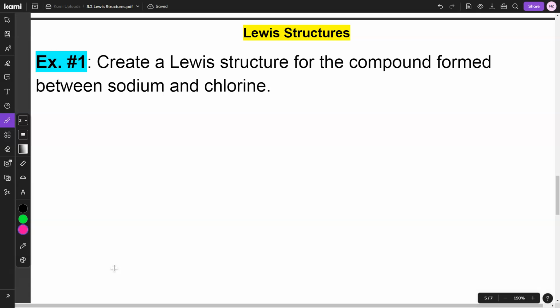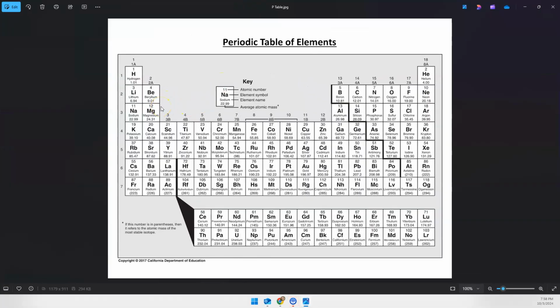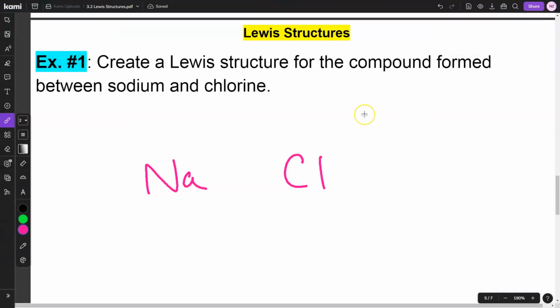So let's start with sodium and chlorine. So sodium is Na, chlorine is Cl. So let's pull up our periodic table. Okay, so sodium is in group number 1, so it has 1 valence electron. Chlorine is in group number 7, it has 7 valence electrons.